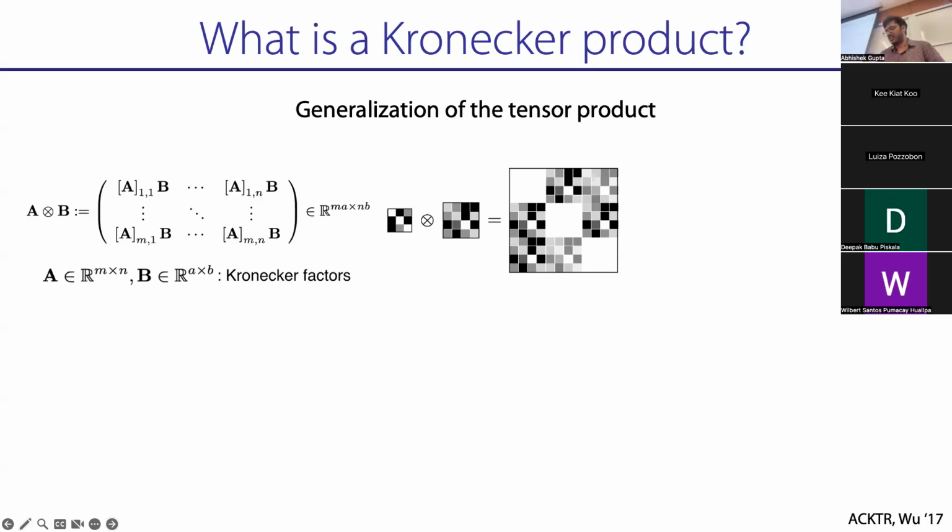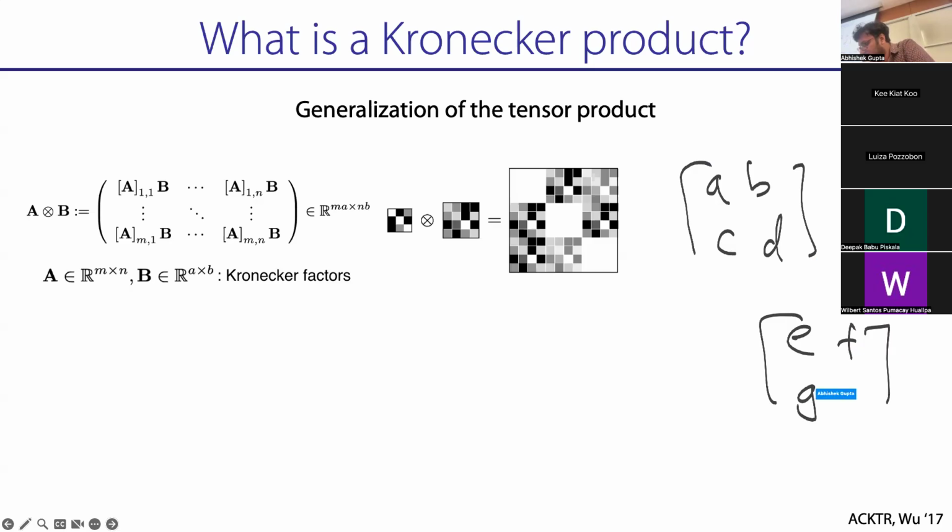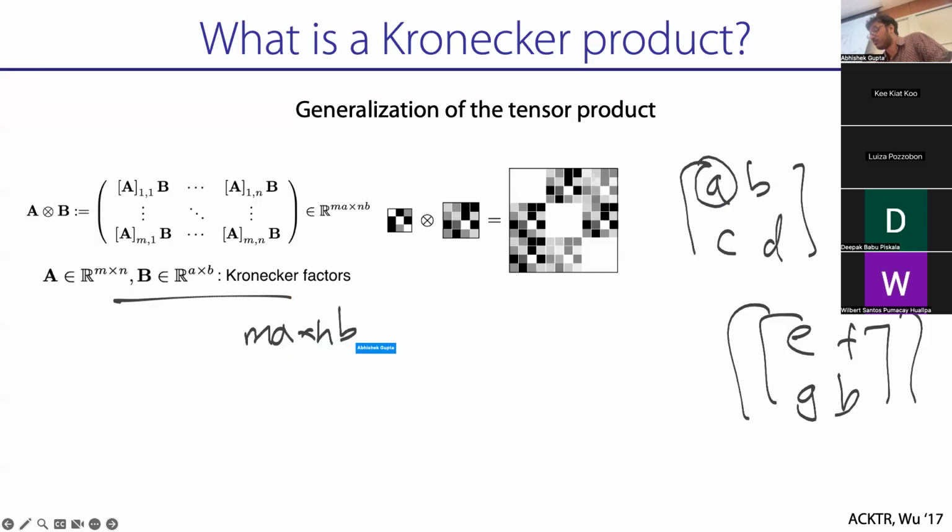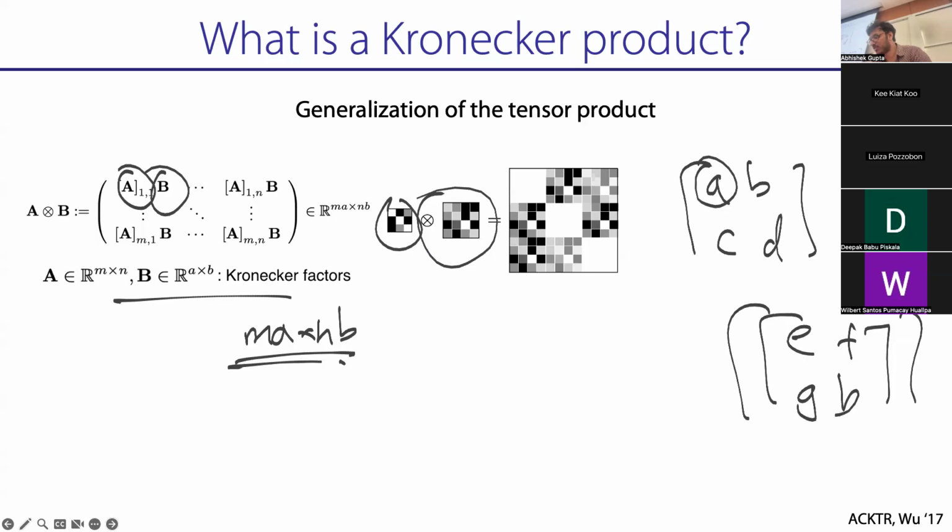You multiply this thing by this thing and tile the first matrix along the second matrix, so the size of the matrix you get is MA times NB. Every element of the first matrix is multiplied by the whole second matrix, and then you tile it. With these two matrices, you get a much bigger matrix, which is the tile of this matrix times this matrix. That's what you'd call a Kronecker product.